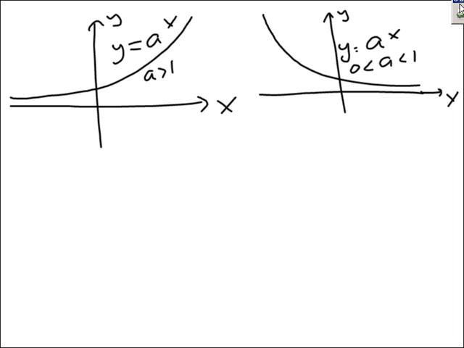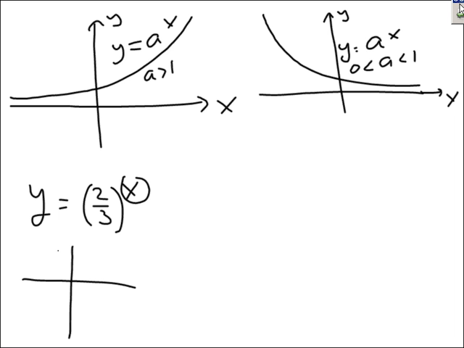If you are asked to graph y is equal to 2/3 to the x, plot 2 points. Let the exponent x be 0 or 1. You need to remember that anything to the 0 power is 1, and anything to the first power is the anything.